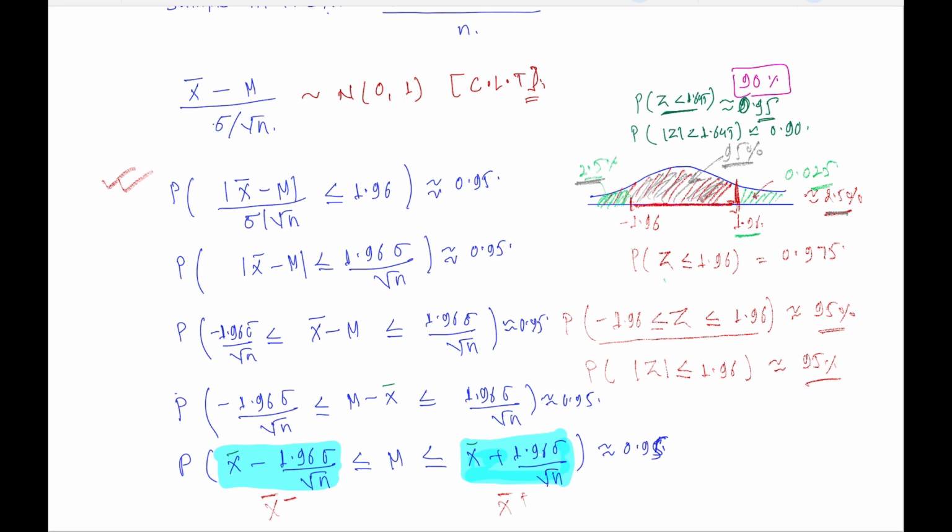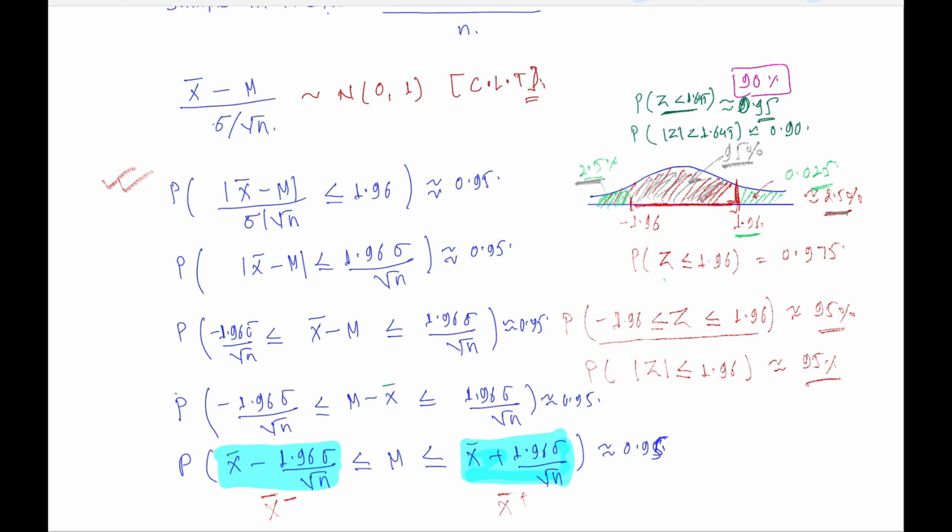Because we are not using the actual sigma, we are using an estimate of it, and that estimate itself depends upon the sample. So this additional randomness affects our confidence interval, and we need to account for that.